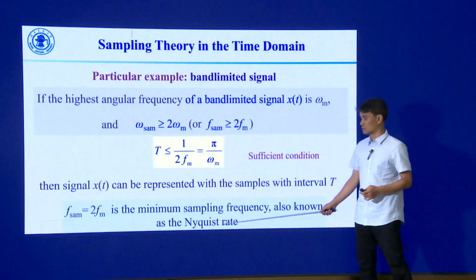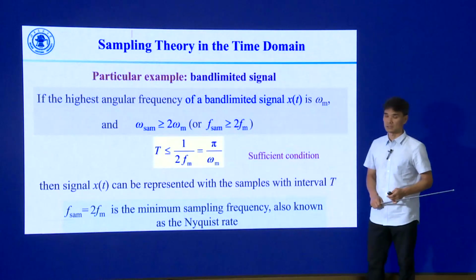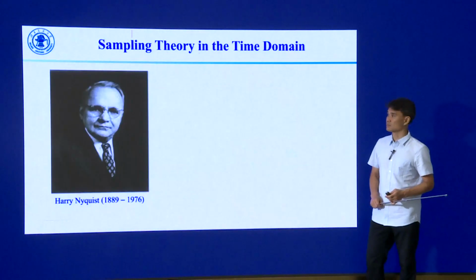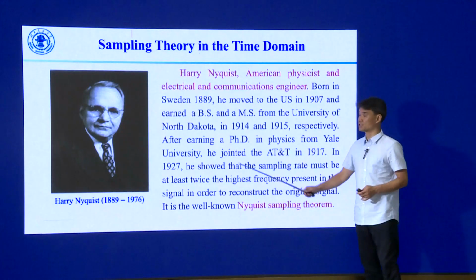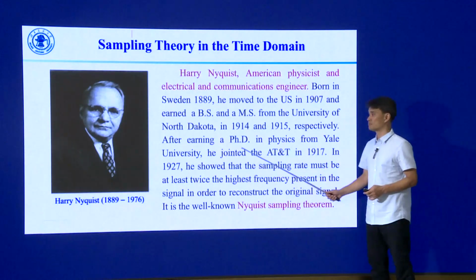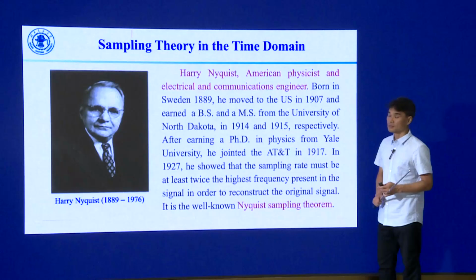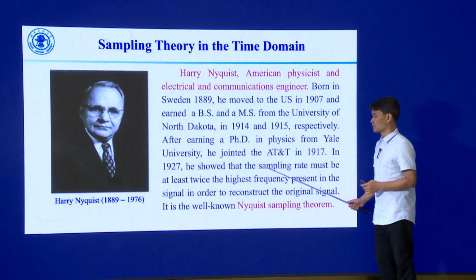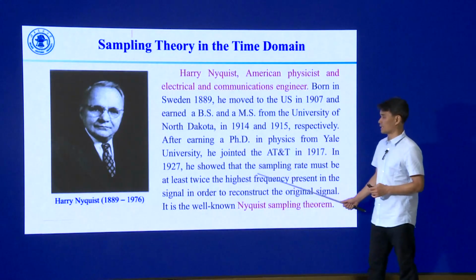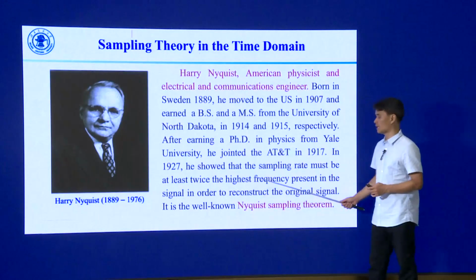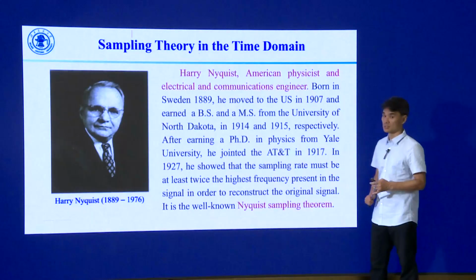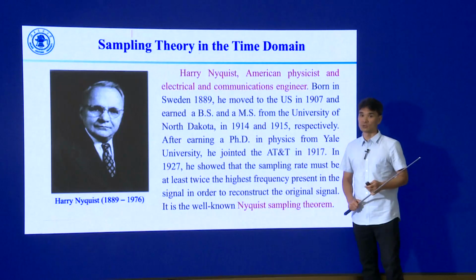It is also known as the Nyquist rate. That term is named after this person, who first proposed that for a band-limited signal, the sampling rate must be at least twice the highest frequency for us to recover the original signal.